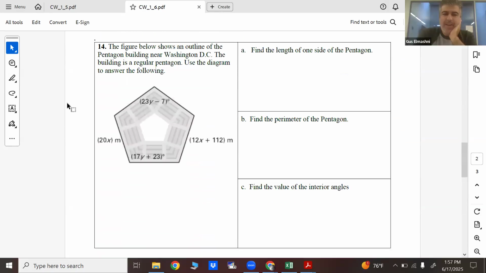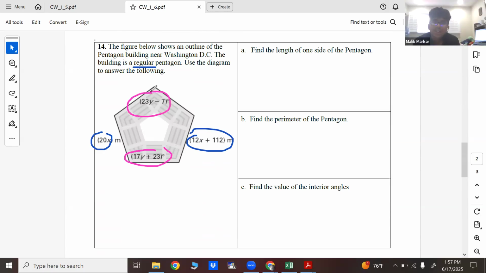Let's do this one here. Again, it's regular. So this equals this, and this equals this. So do they all equal each other? No, no, no. The sides equal each other and the angles equal each other. Oh, okay.